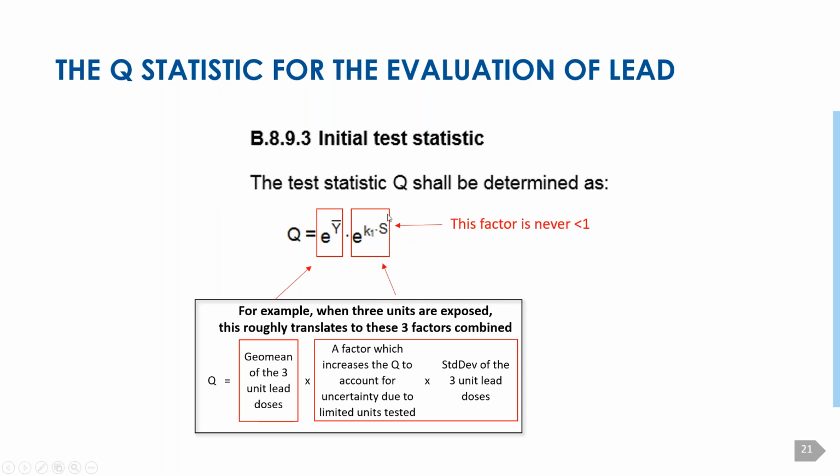It's important to note that this second factor can never be less than 1. So no matter how many replicates are tested, you can never reduce the Q calculation below the level of the geometric mean of the 3-unit lead doses. That's an important distinction to make.